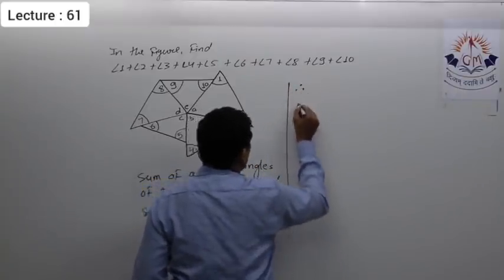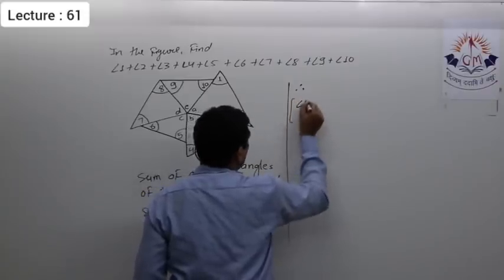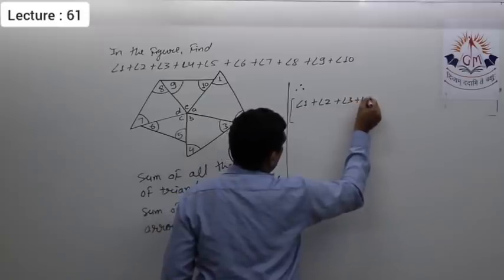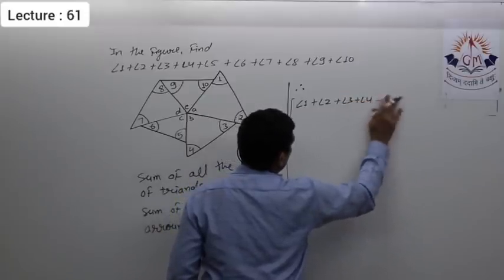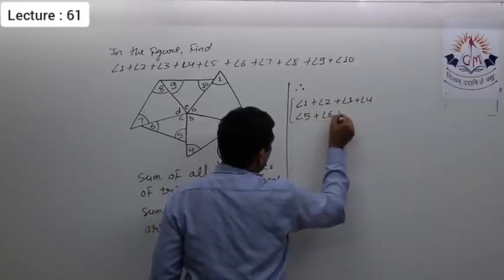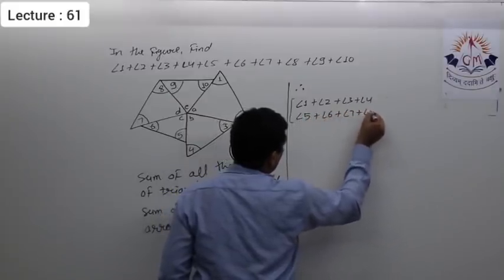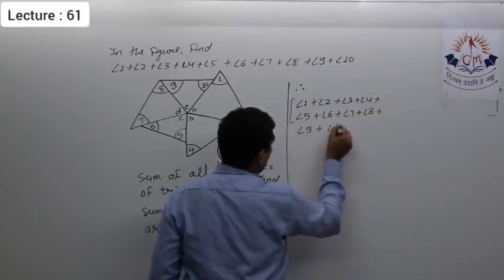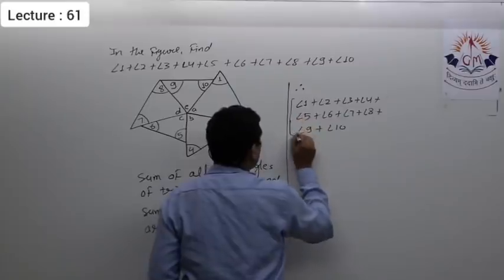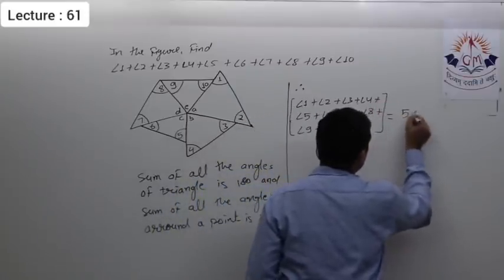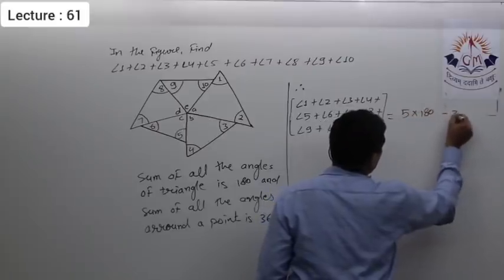Therefore I can say angle 1 plus angle 2 plus angle 3 plus angle 4 plus angle 5 plus angle 6 plus angle 7 plus angle 8 plus angle 9 plus angle 10, or sum of the required angle is equal to 5 into 180 minus 360.